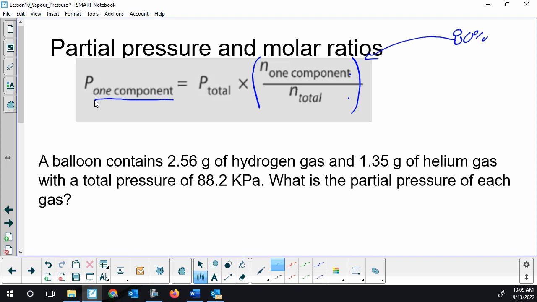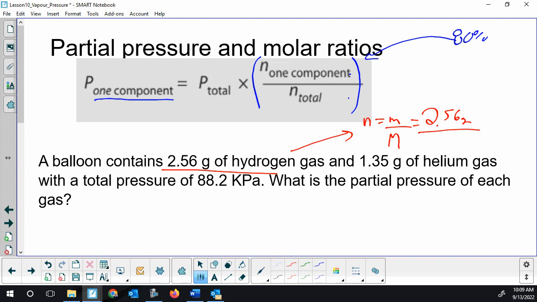We need the mole total, so we need the moles of each. And then we can do a molar ratio. So there's our hydrogen. I'm going to turn that into moles. That's mass over molar mass. So 2.56 grams divided by the molar mass of elemental hydrogen, which is not one.